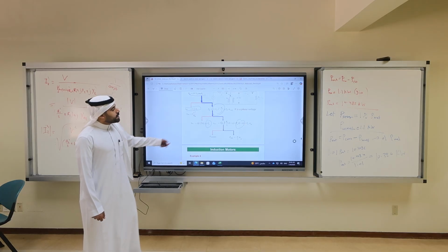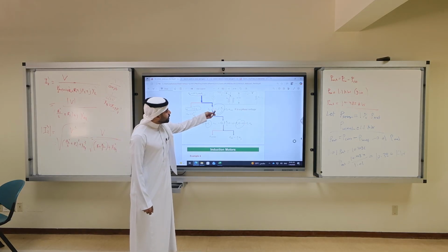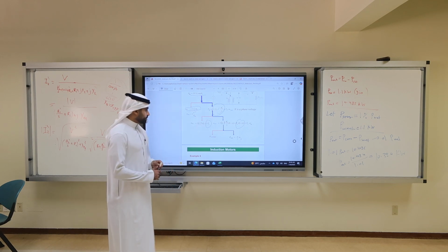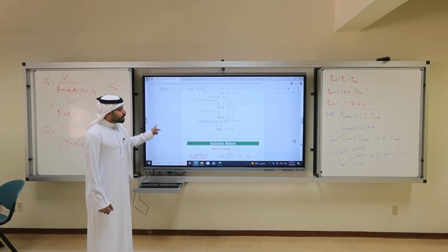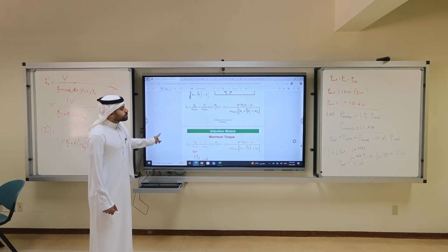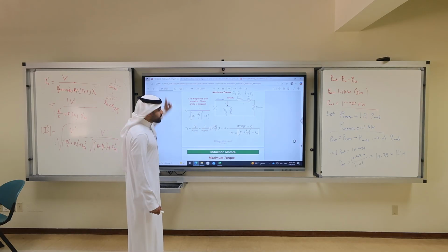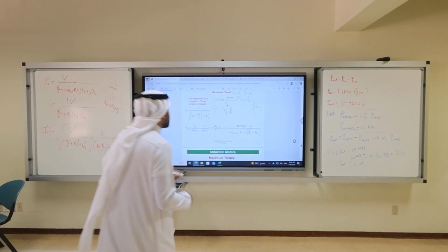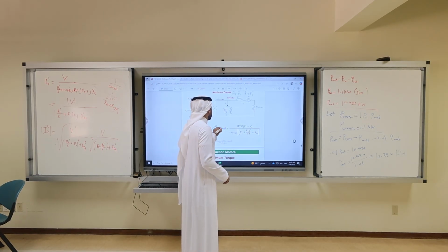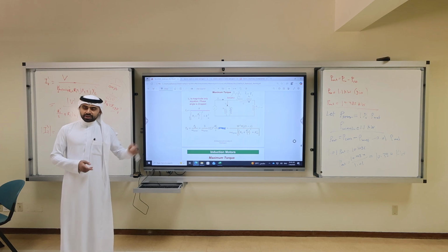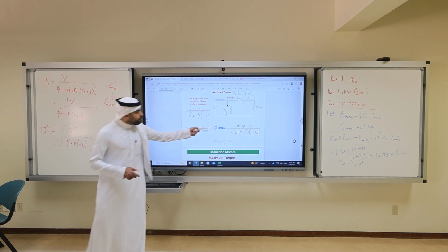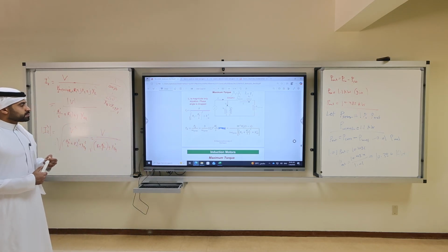P air gap is 3 I2 prime squared R2 prime over S. That's why I opened the book, I think this should be like that. If you plug the numbers, no, shouldn't.